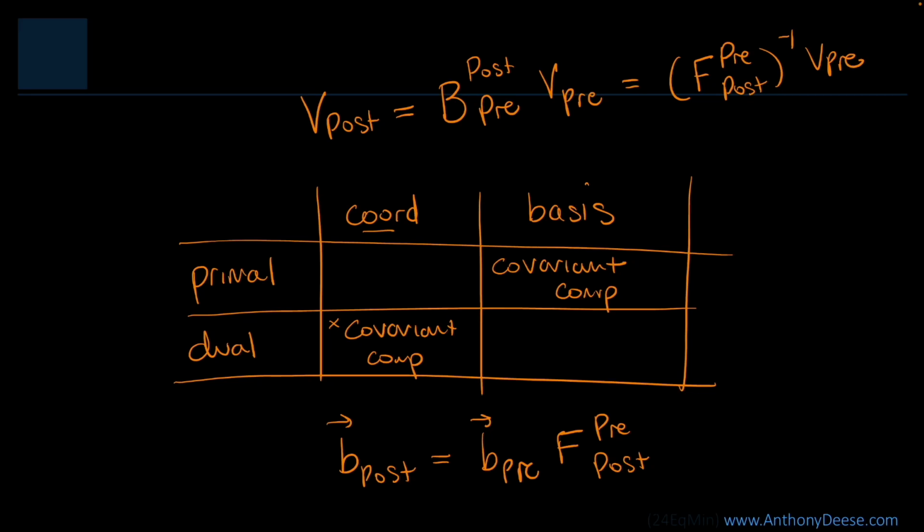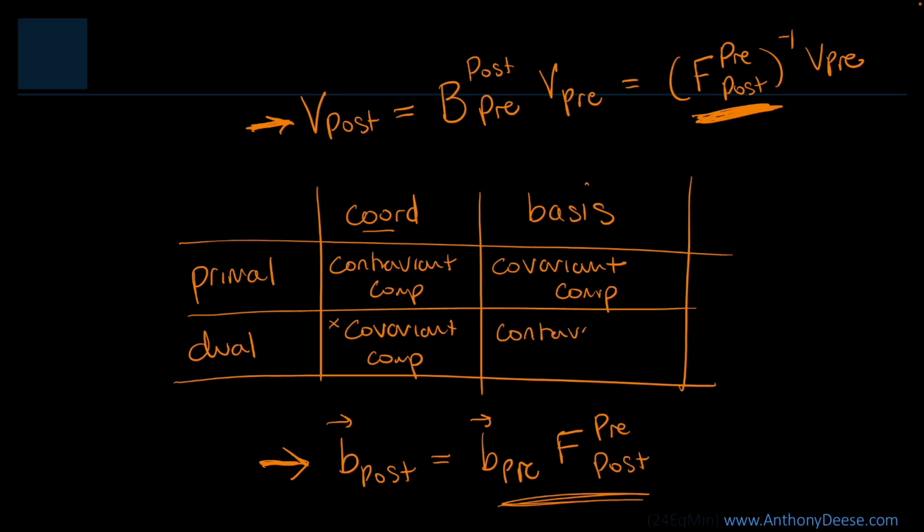Okay, so what we're trying to show here is that the coordinates of the primal vector transform in the opposite way. Very specifically here, we're showing that this is the opposite transform to what is shown below. So the primal coordinate array will be referred to as a contravariant component, and the basis of the dual basis set will also be a contravariant component.